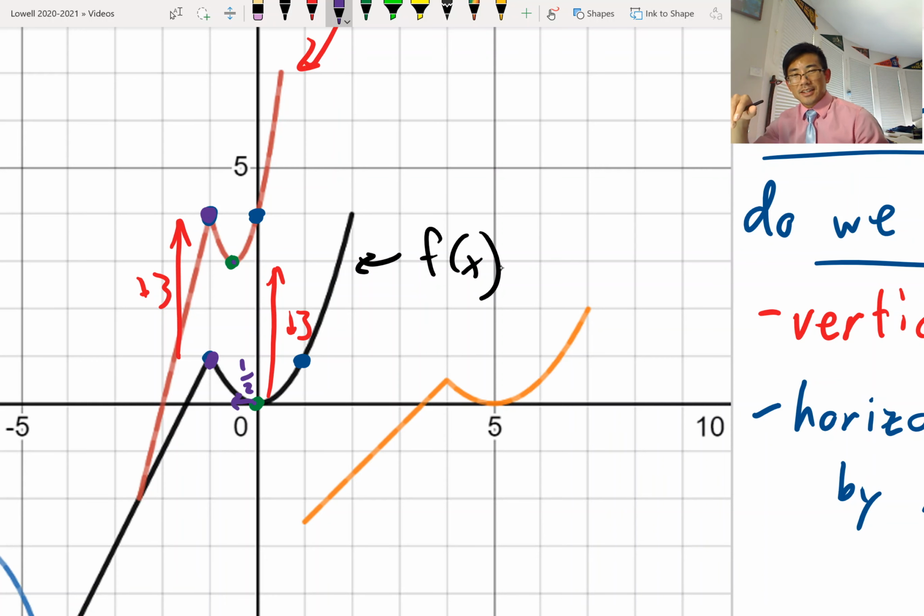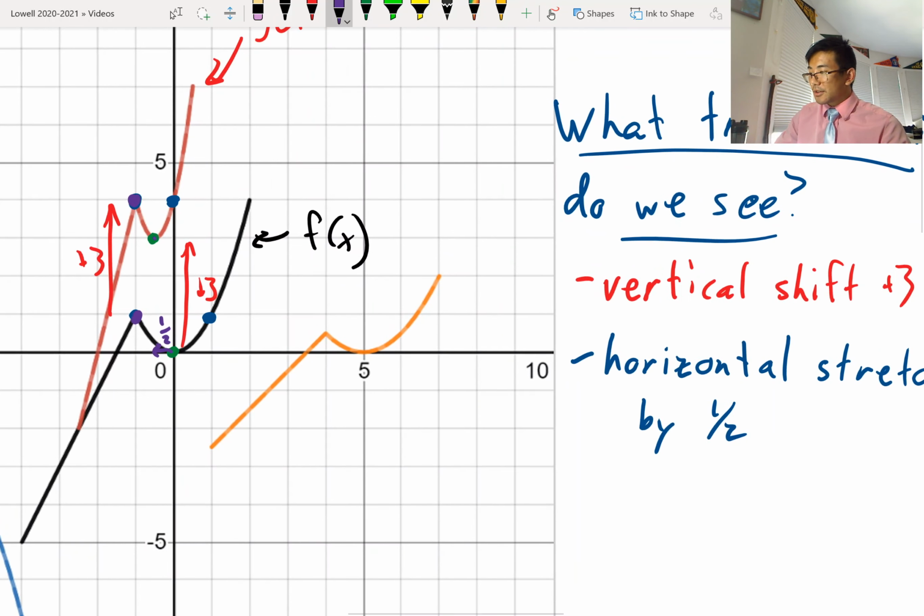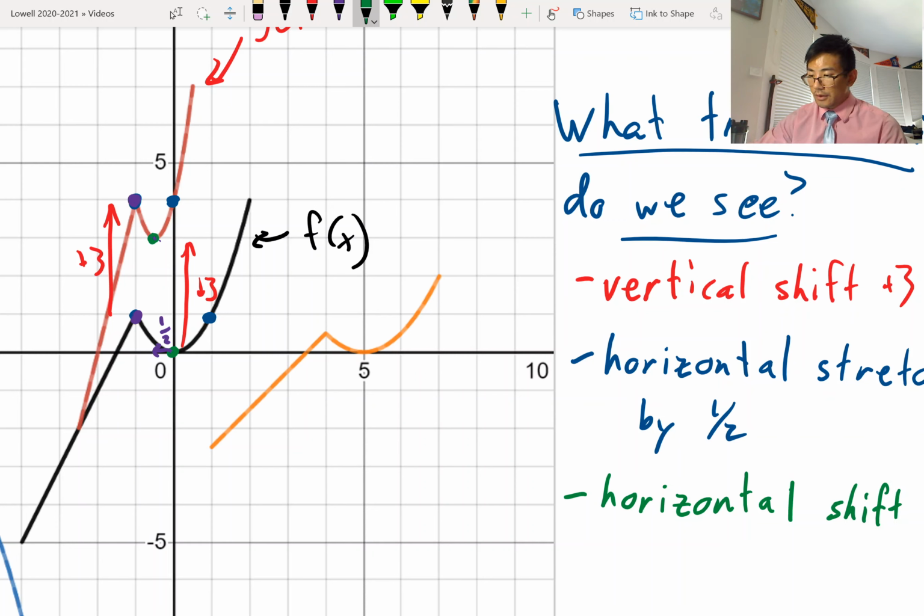This is indicative of some kind of stretch or compression, because some points move more than others. But the fact that this part did move when it started off on the y-axis does suggest a horizontal shift of some kind, of -1/2, meaning it's going to the left 1/2.